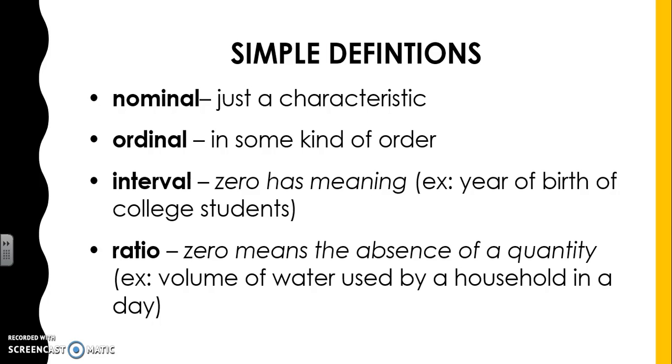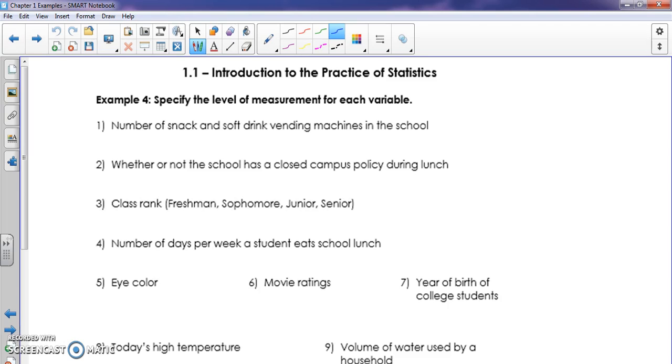So an example for ratio would be volume of water used by a household in a day. So 0 would mean that they didn't use any water. So let's look at a few examples and determine the level of measurement. So our first example here says the number of snack and soft drink vending machines in the school.